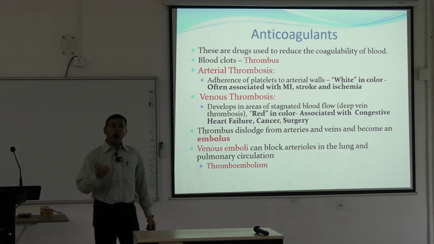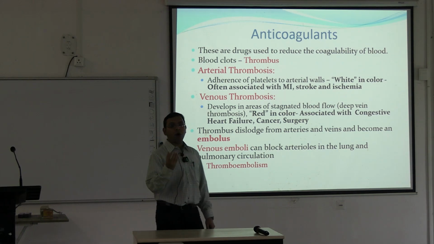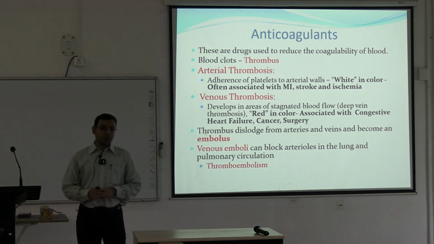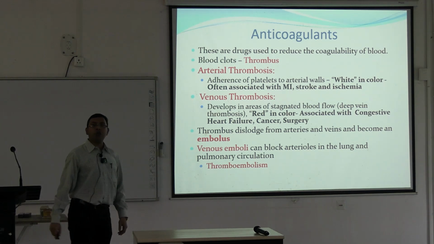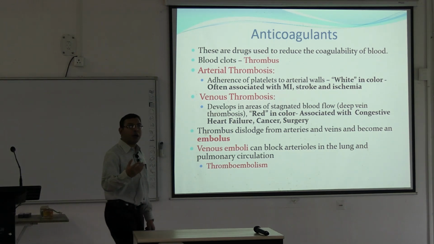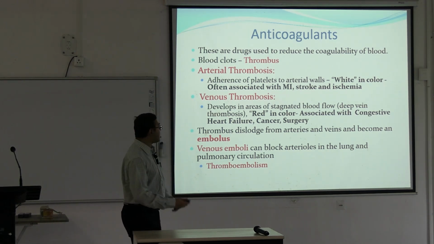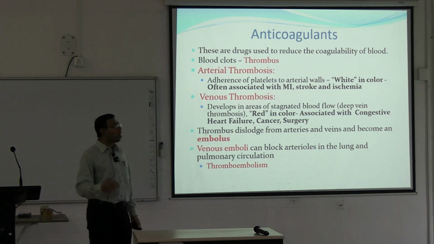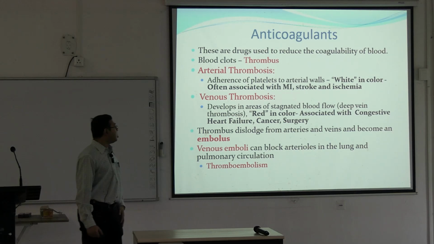Ischemia means the heart or any organ is getting less oxygen due to narrowing of the blood vessels. Venous thrombosis mainly happens due to stagnation of blood within the blood vessels. This is a red thrombus, associated with congestive cardiac failure, cancer, prolonged surgery, etc.